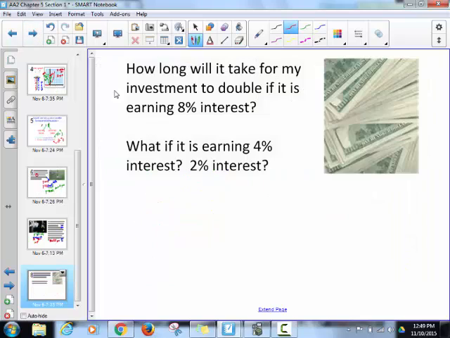And the same thing is going to work if we decide to double something. So for example, let's just pick one of these to do. I'm going to go with, let's just solve for 4% interest here. How long will it take for an investment to double? Well, let's just make up some numbers again. So let's say my investment is starting at, let's go with $1,000. So if my starting value is 1,000, and I'm looking at 4%, so plus 0.04, right?